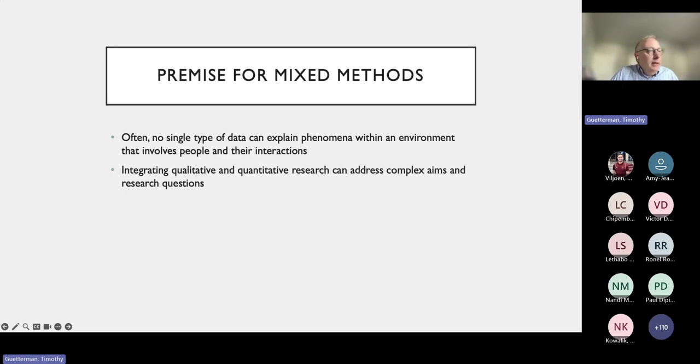So there's only so much that we can do with a single type of data if we're examining issues related to healthcare, for instance. Of course we can look at numbers, but talking to patients, talking to providers and nurses and family members and others really gives us a more complete picture.